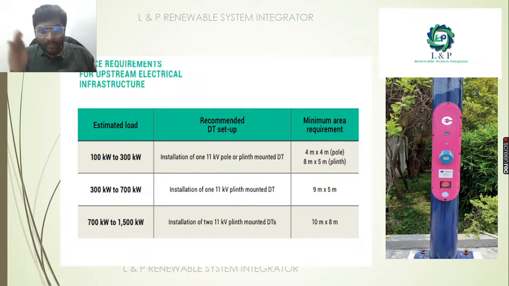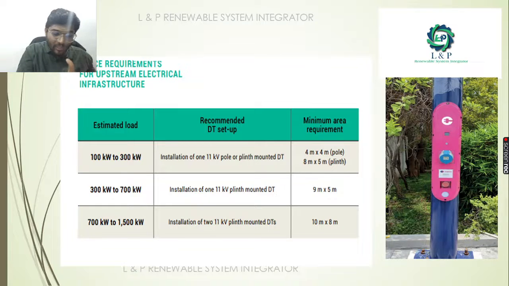When we get into the space requirement for upstream electrical infrastructure, say for example, if you have an estimated load of 100 kilowatt to 300 kilowatt, then you need to install an 11 kilovolt pole with a plinth mounted on it. The minimum area requirement for this is 4 meters by 4 meters for the pole, and the plinth should be 8 by 5.